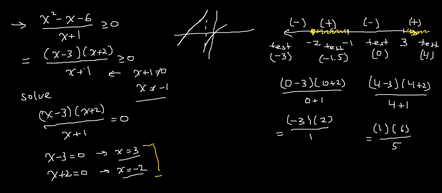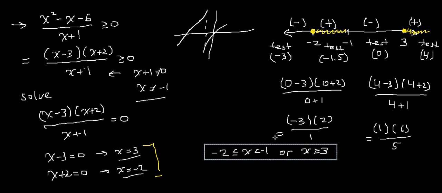So your solution is x between negative 2, less than or equal to x, and be careful here, only less than negative 1, not less than or equal to, because at negative 1 your function is actually undefined. Or x is greater than or equal to 3. So that is your answer.